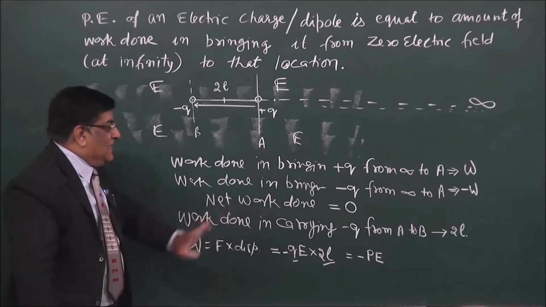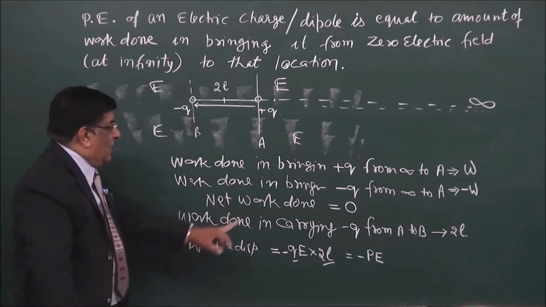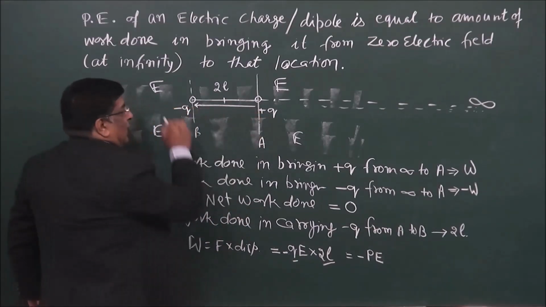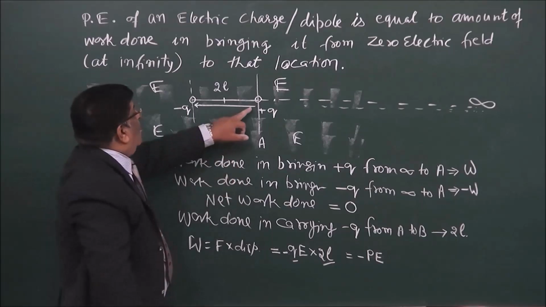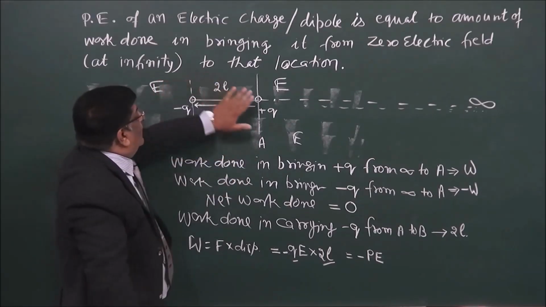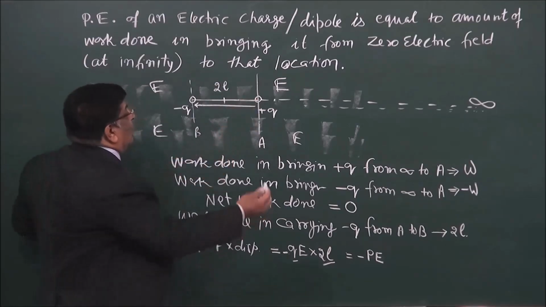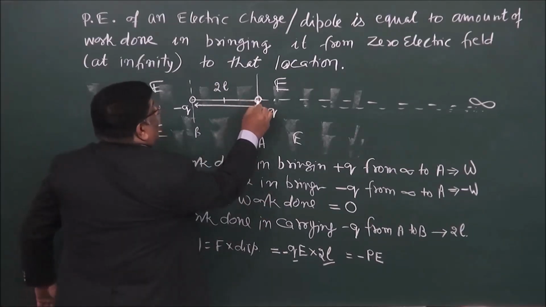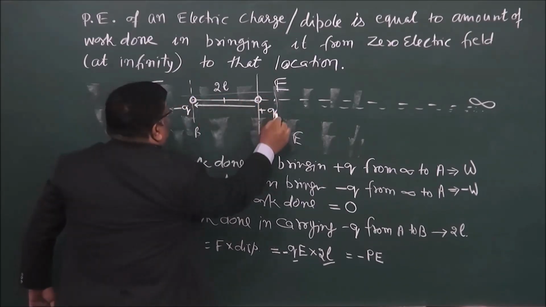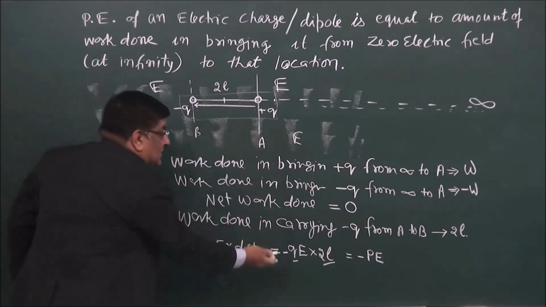So this is minus PE, the work done for bringing it from this point to this point. Now, when we bring minus Q from A to B, minus Q is here, plus Q is lying here, and this is our dipole: plus Q here, minus Q here at a distance of 2L. Now, let's calculate how much is the total work done.